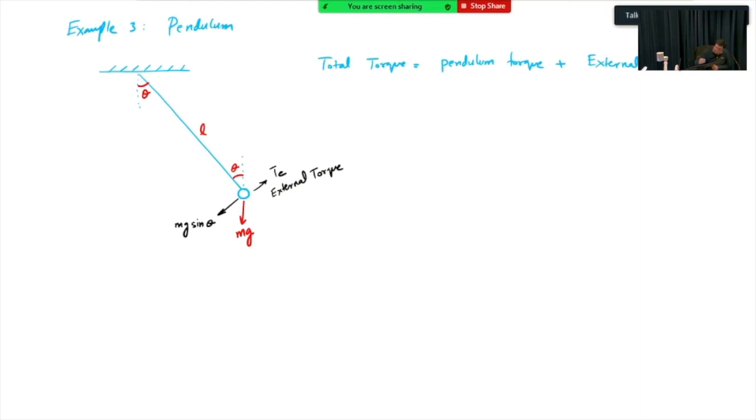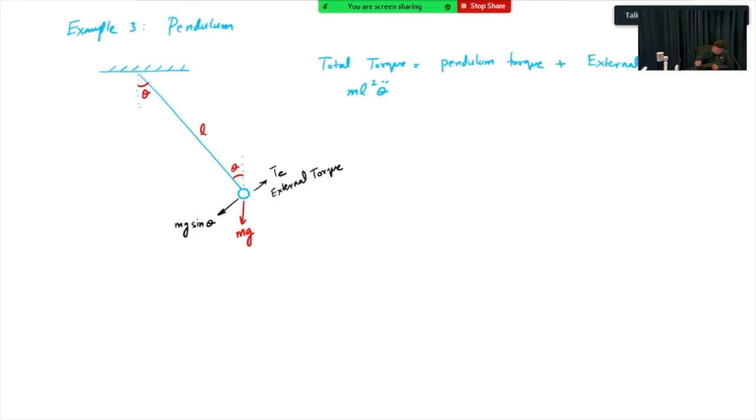Okay, so if you look at the total torque, if you compute it using the force times the length, then it turns out to be ml squared theta double dot.